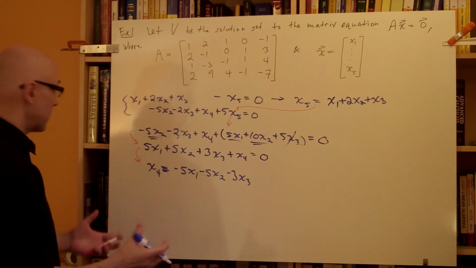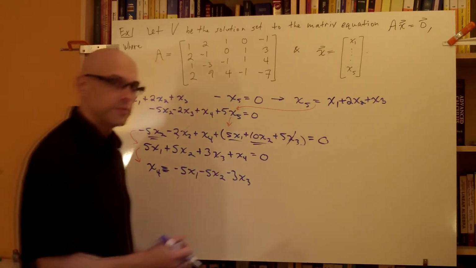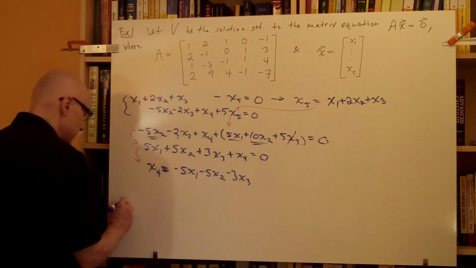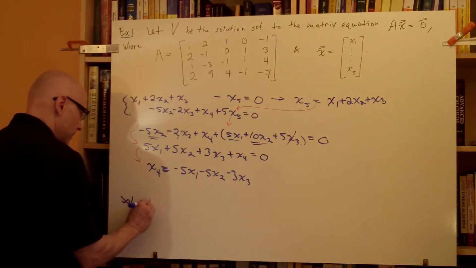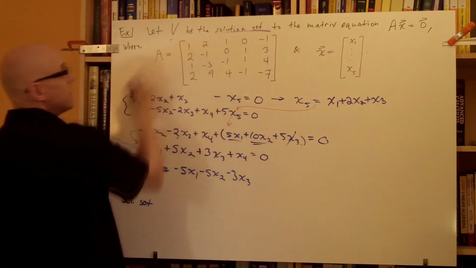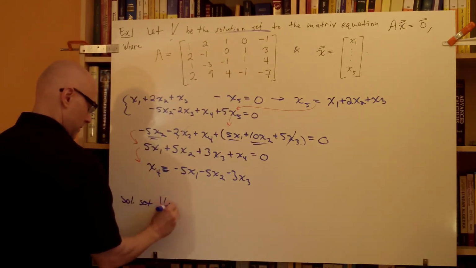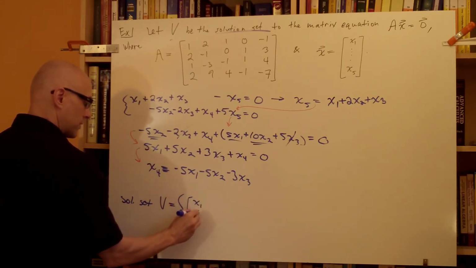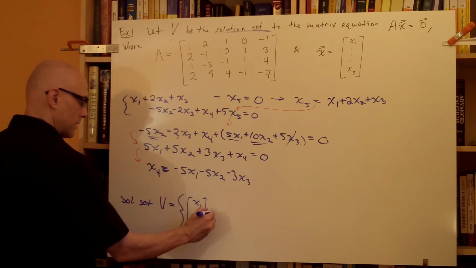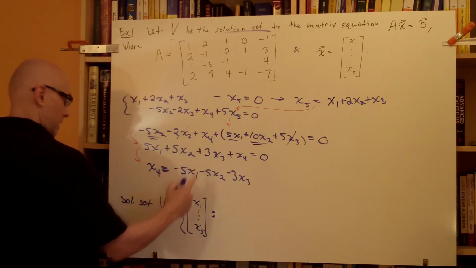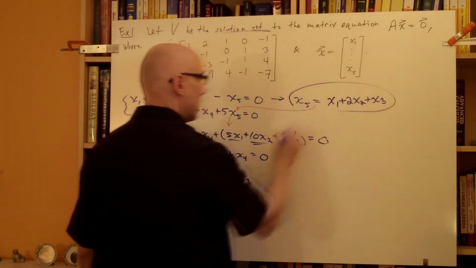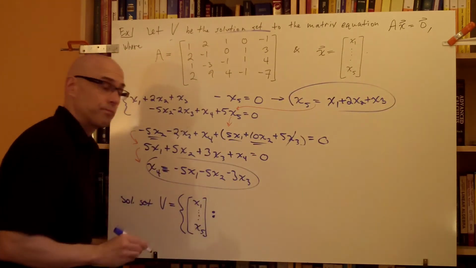That's basically as far as we can go. There's an infinite number of solutions to this system. The solution set, that would be the V here, is the set of vectors with components x1 through x5 such that the x4 and the x5 are given by these equations here.